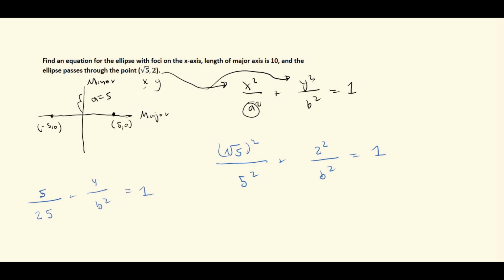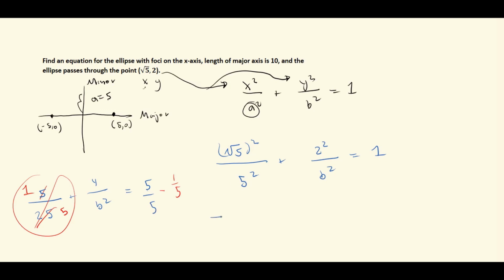So we can go ahead and simplify this fraction here. 5 over 25 is the same thing as 1 over 5. So we have 1/5 here. We'll go ahead and subtract 1/5 from both sides. Minus 1/5. This cancels out. And this 1 we can rewrite as 5 over 5 to get a common denominator.